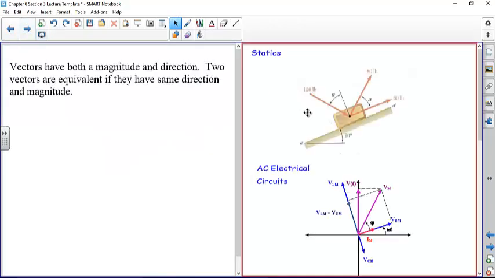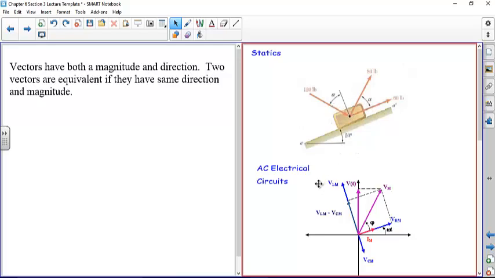Now these are just some examples of where you use vectors. So this is what's called a statics problem. It's part of physics. It looks at how forces acting on a body cause it to move at a certain acceleration. So we see three force vectors.